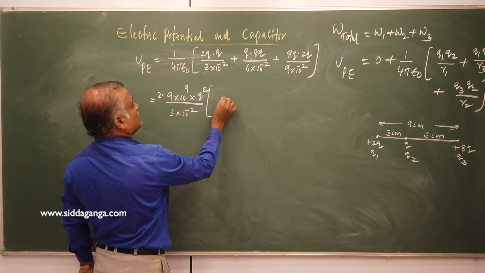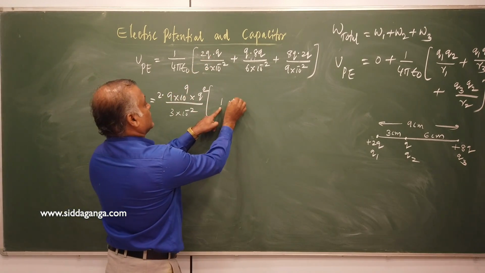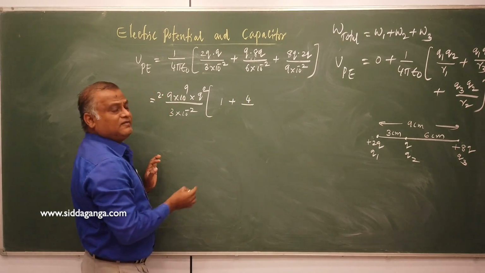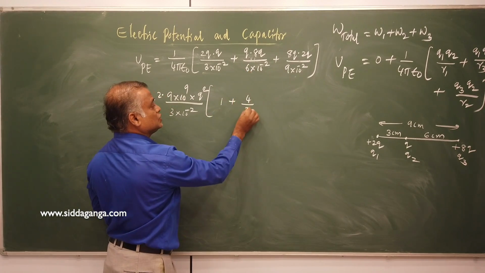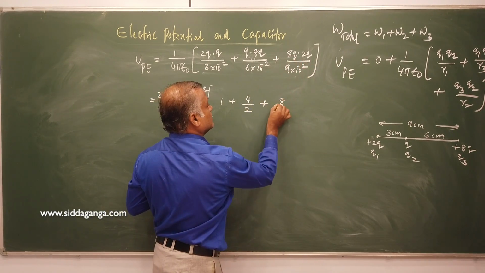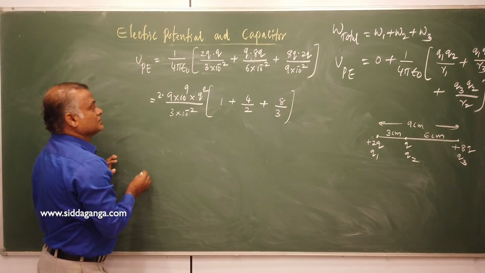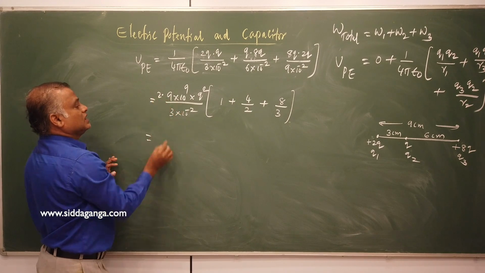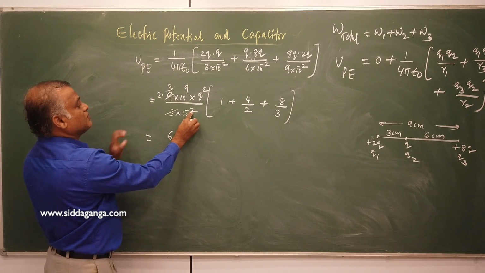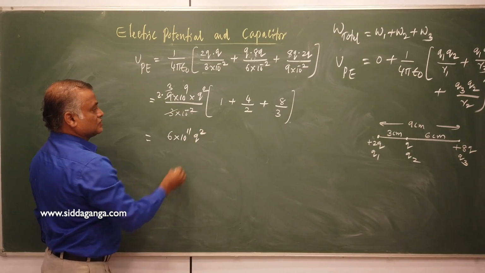Q square is gone, 1. 2 outside, q square, 1 plus 2 is taken outside, how much do you get? 4 divided by, 2 is taken outside, 8 divided by 3 is taken outside, how much do you get? 3. So your answer, 9 2s are, 3 1s are, 3 3s are, 6 into 10 power 11 q square.